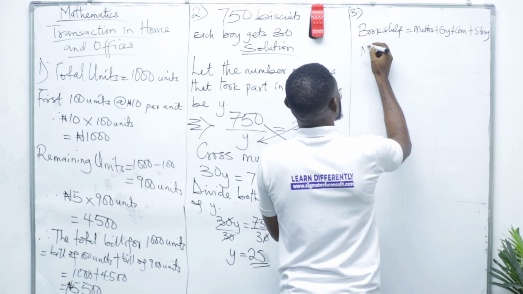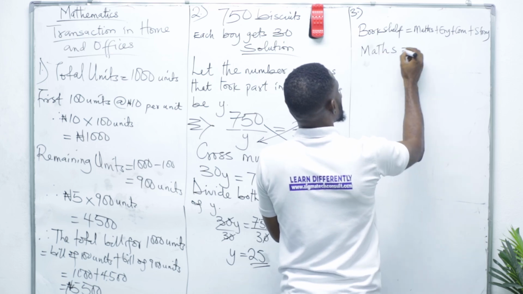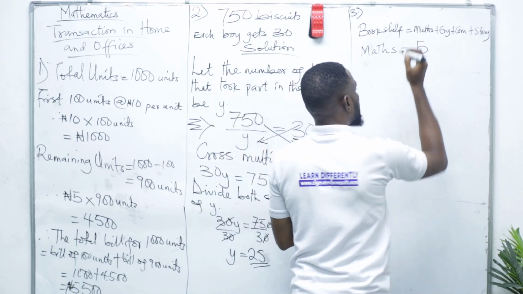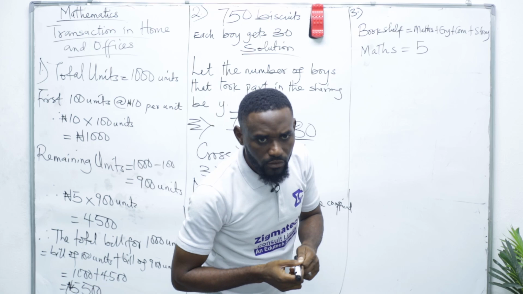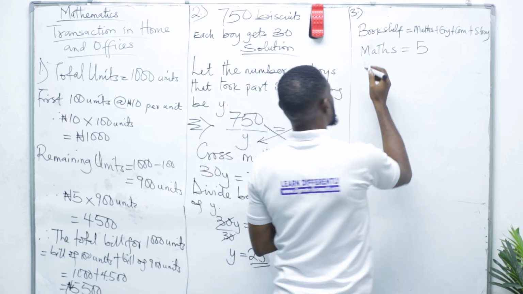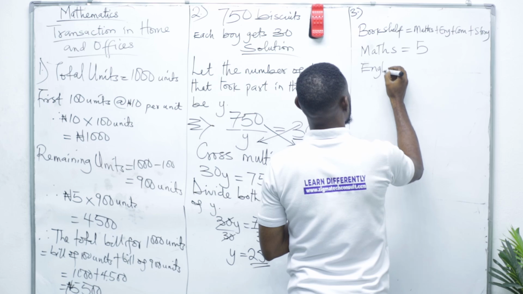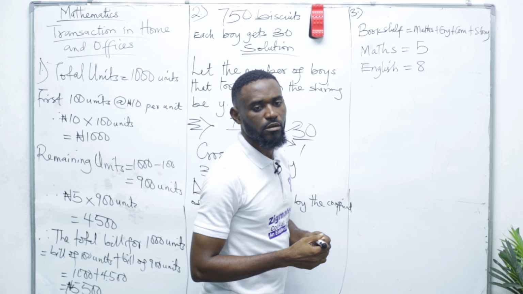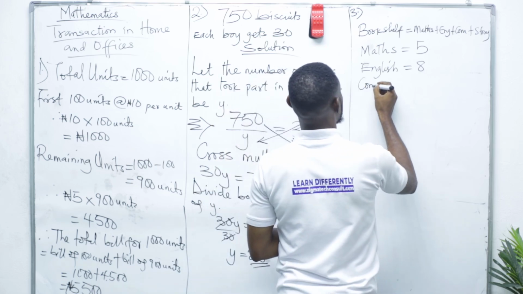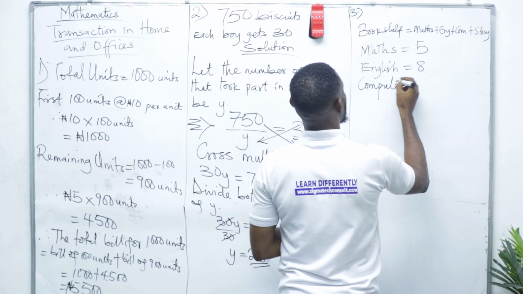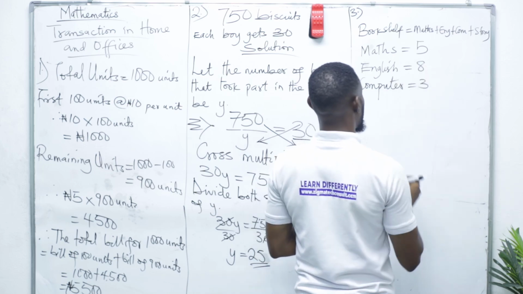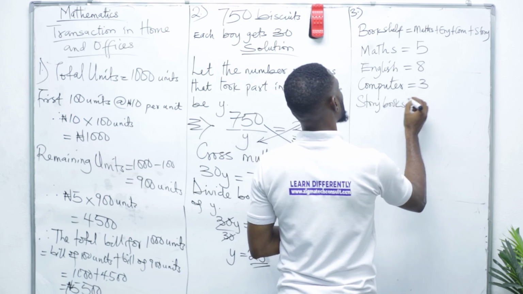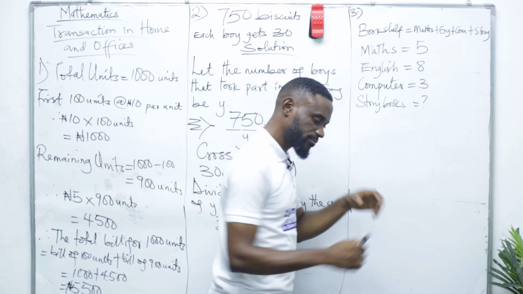Remember, maths is equal to what? Maths is equal to 5. English is equal to 8. Computer is equal to 3. Storybooks is equal to, we don't know.